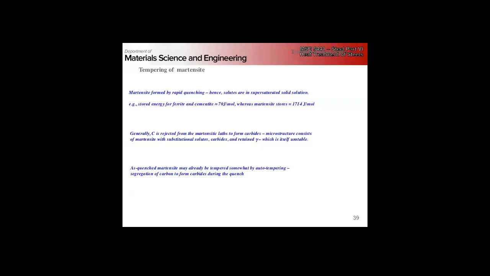And then we also have to consider that as we quench, we may have what's called auto-tempering going on, which is segregation of the carbon to form the carbides during our quench through the martensite region. So depending on how fast we can quench, we have movement of the carbon. It's difficult to keep carbon in place, being that it's an interstitial.